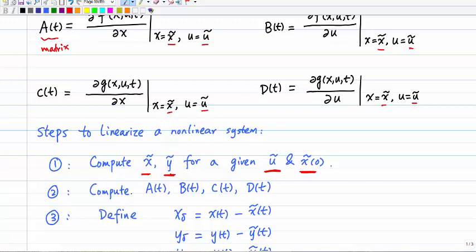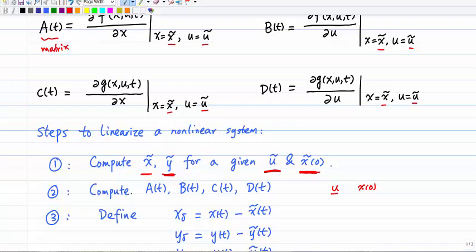The reason we do the linearization is that we don't know the solution for the whole system, but we probably know the solution for some specific u tilde and x tilde 0. Then we figure out x tilde and y tilde, and we can linearize around this, even if we don't know the solution to the nonlinear system for another u, maybe another x 0, which deviates a little bit from this u tilde and x tilde.